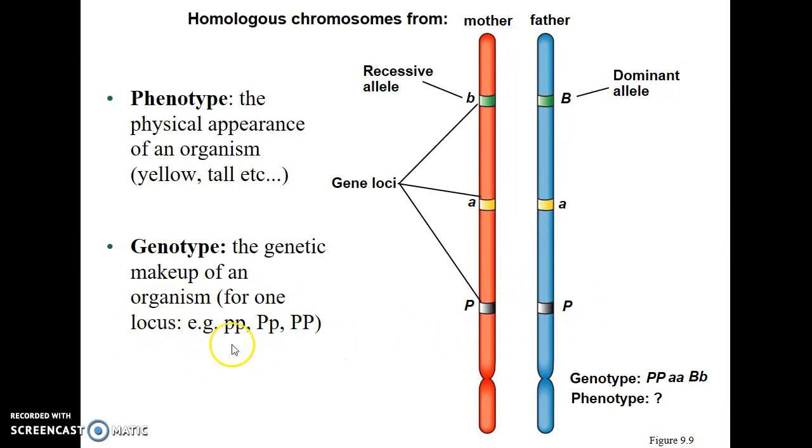So a genotype is always going to be denoted by 2 letters, and those letters represent the alleles or the gene variants that you receive from each parent. So for example, little p little p, big P little p, and big P big P.